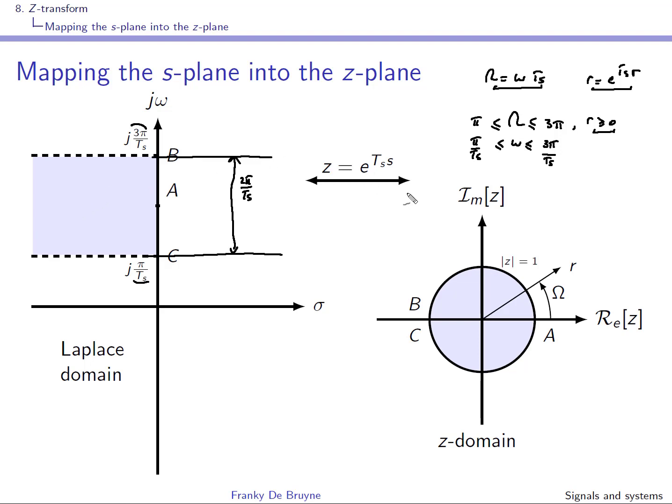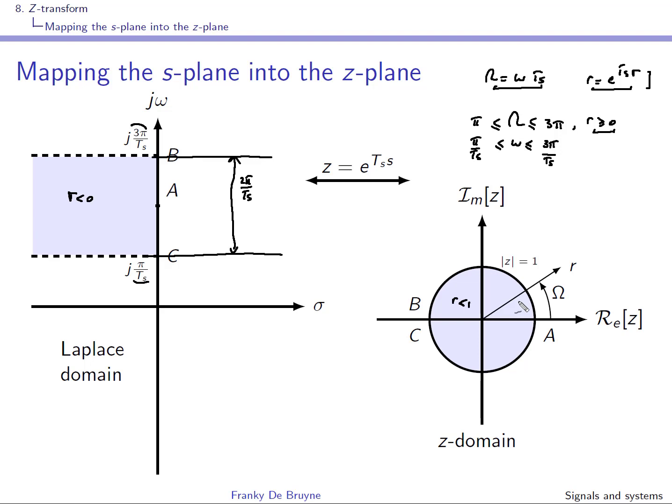So if we consider sigma smaller than 0, if we look at this relation over here, we see that r is going to be smaller than 1. So the half strip to the left of the j omega axis is going to be mapped inside the unit circle, and this is what is shown here in gray.